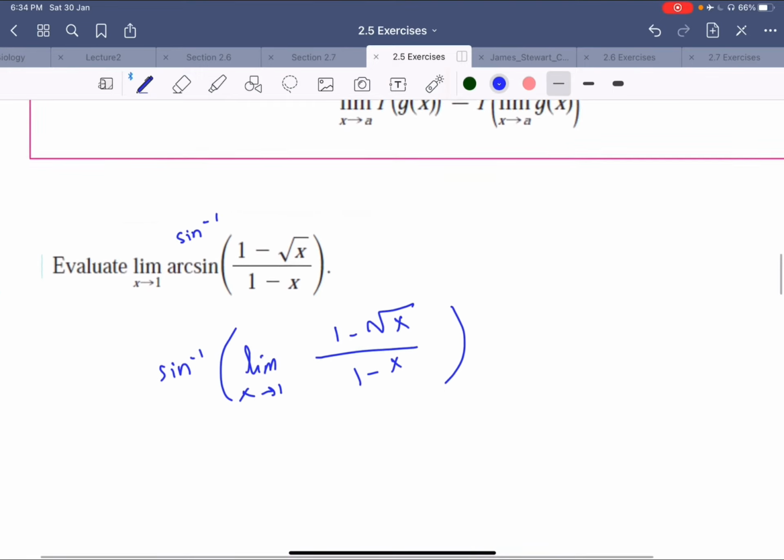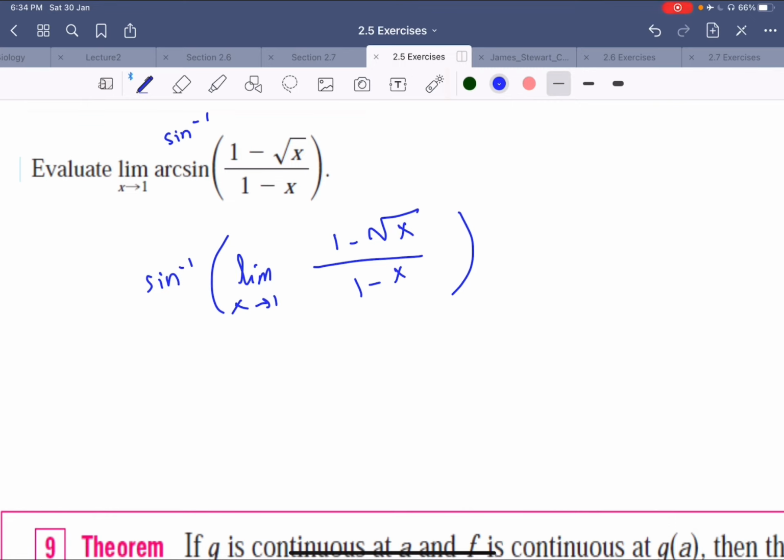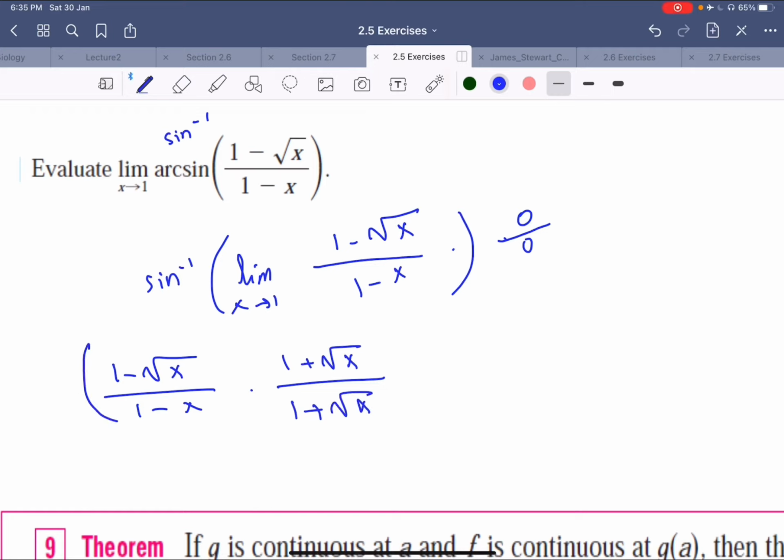So how do we solve it? First, if we substitute, it would give 0 over 0. So we multiply by the conjugate: (1 minus root of x) over (1 minus x) times (1 plus root of x) over (1 plus root of x). Of course, all of this is the limit as x approaches 1, inside the sine inverse.